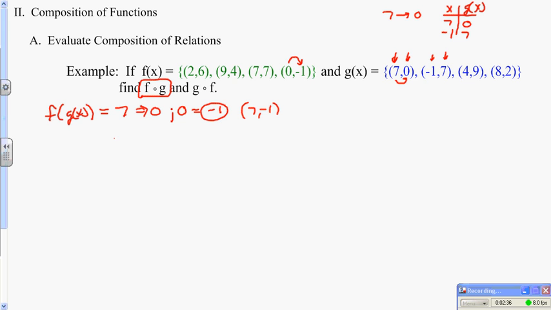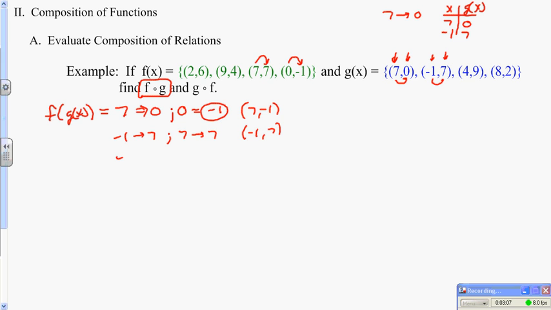If you start with a -1 in the g of x function, it will change it to a 7. So if you take the 7 in the f of x function, that will change it to a 7, or keep it a 7 actually. So -1 from the g of x function ends up as a 7 in the f of x function, which is no change.